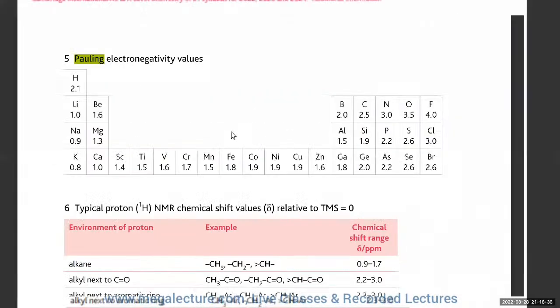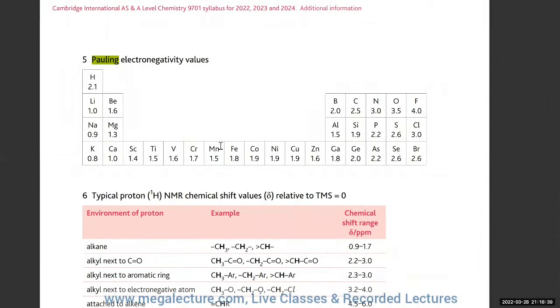So you're given electronegativity values. Remember, electronegativity in the periodic table increases towards the right, and it increases upwards. So the Pauling scale simply gives you a value that fluorine over here is very electronegative. The ones that have a low value are not very electronegative. They don't like to gain electrons. But anyways, that's your Pauling scale.